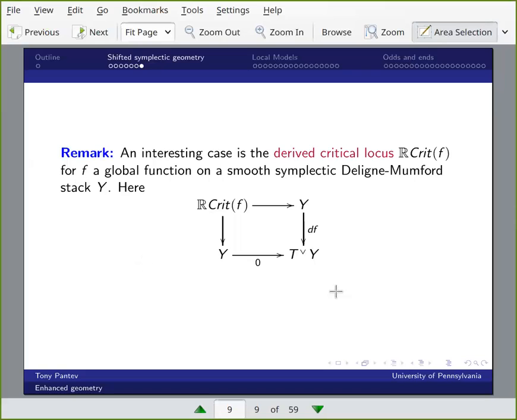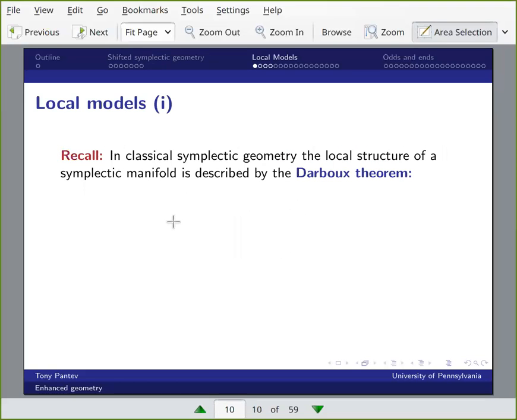And this is exactly what this derived critical locus achieves. And there is some duality between those normal derivatives and the symmetries of the theory. And that's the -1 shifted symplectic structure that you want to keep track of. Okay, so here I'm approaching my somehow ultimate goal for the discussion.